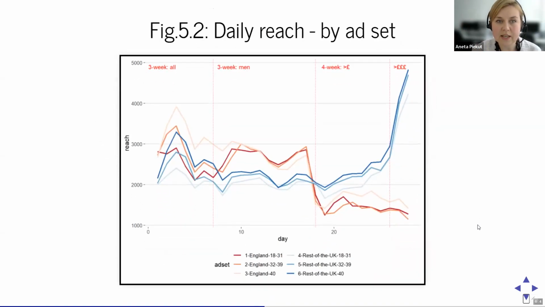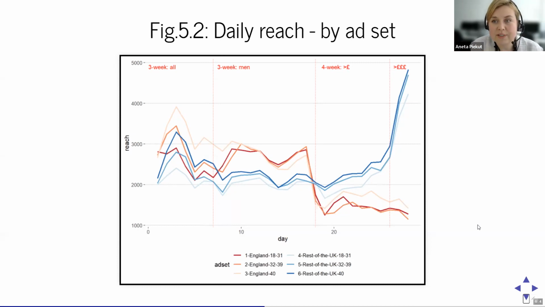This graph represents again daily reach, but the reddish lines are for England, bluish for the rest of the UK. So you can see that the rest of the UK picked up a little bit more reach in the 2 final stages of the campaign, stage 2 and 3. But before that, especially in stage 1, it was roughly similar reach across both.